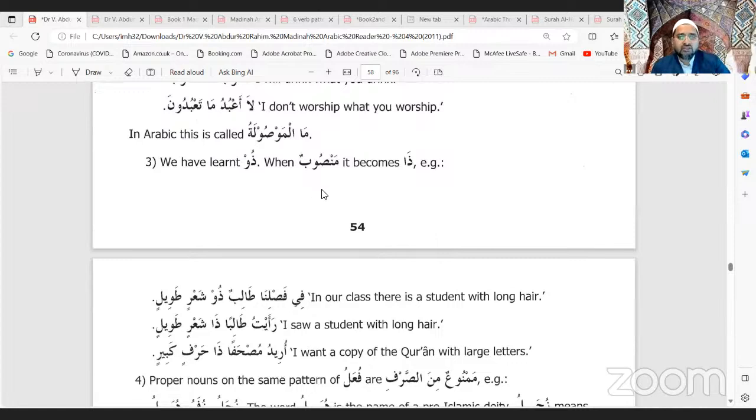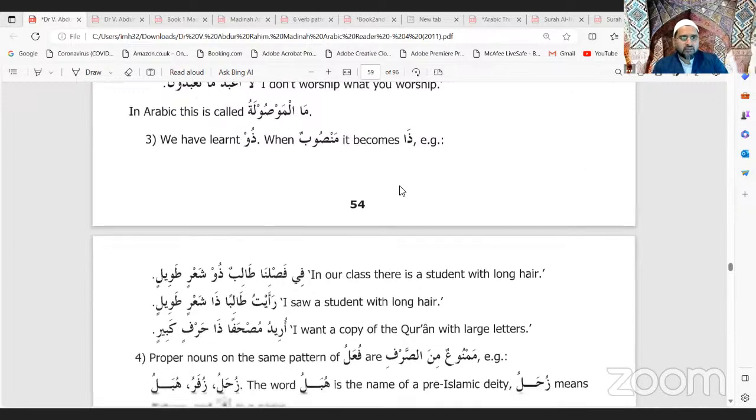Dhu is one of the sisters of Abu, Abun and Akhun. In the state of Raf, it takes a waw. In the state of Nasab, it takes an alif. In the state of Majrur, it takes a kasra, like Ya Abi. Inshallah, I'll revise this when I come back to it again.